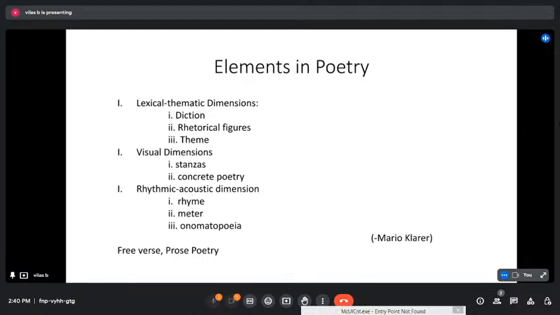So the poetry is a concrete one. It should be seen through the words. It is a picture. If you see the concrete poem, that is also called a closed poem. For example, George Herbert's poem, for example, Easter Wings.